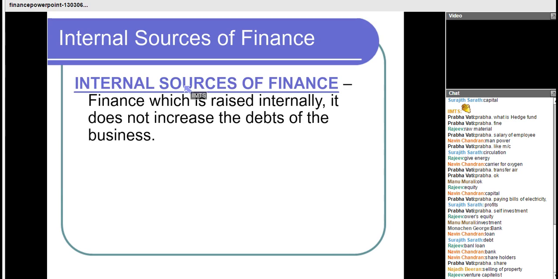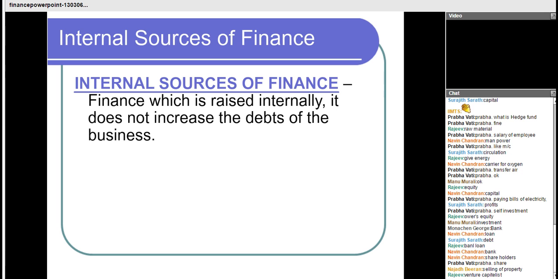So let's just discuss the internal and external. These are the finances which are raised internally, and it does not increase the debts of the business. We don't owe anything to anybody when we are using our own resources. As Nazar said, selling of the property may be one option available. Then personal savings.